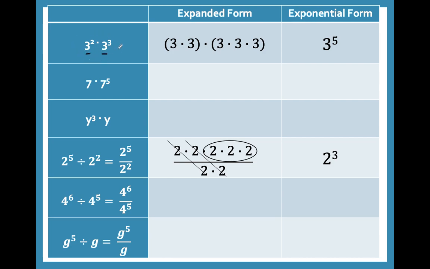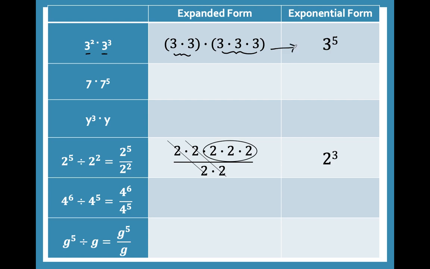So how would I simplify this? Well, 3 squared, as you can see over here in the expanded form, is 3 times 3, which we know is 9. And then 3 to the third power is the same thing as 3 times 3 times 3. So if I expanded this all out, you would end up with 3 times 3 times 3 times 3 times 3, which in shorter form is also known as 3 to the fifth power.